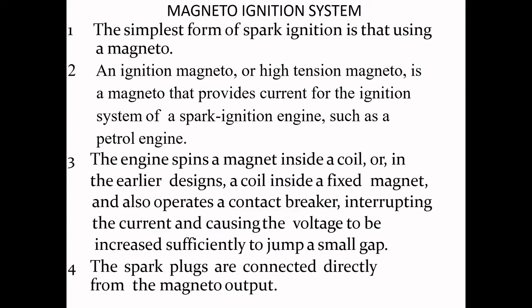This continuous change in the magnetic field induces a varying voltage in both primary and secondary windings of the magneto ignition system, and here it produces an alternating current.